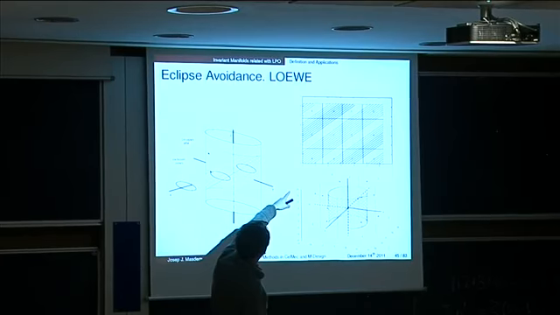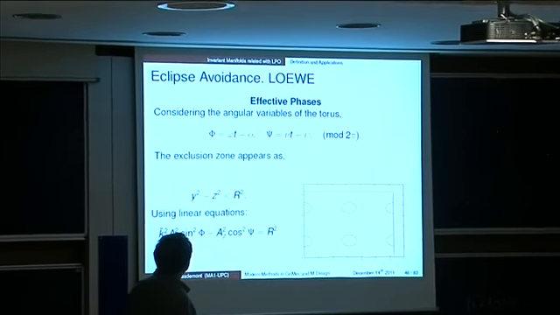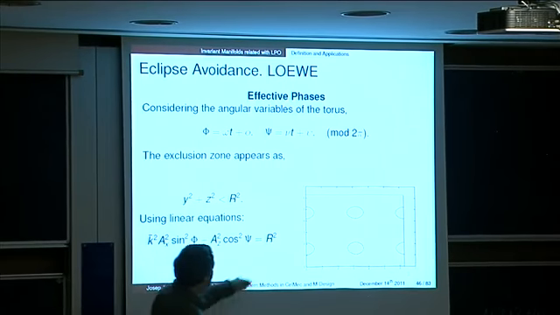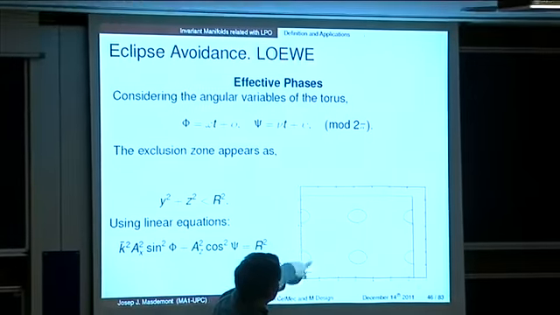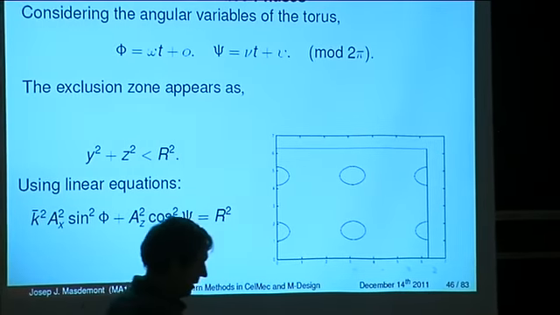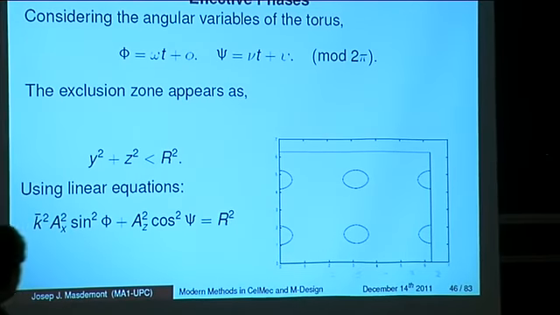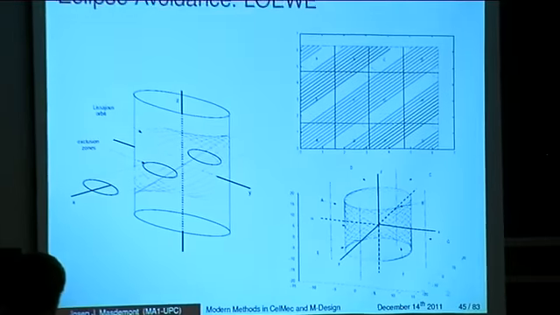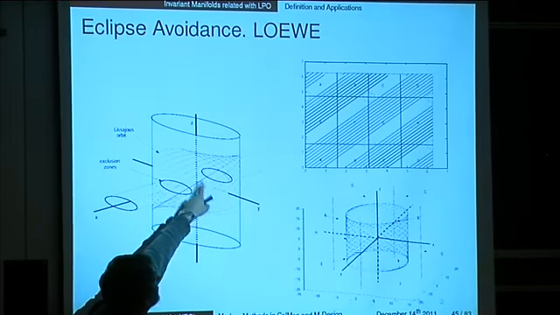But the nice thing is that in this representation, the exclusion zones are more or less like ellipses. They're not ellipses at all, but we could take here just ellipses a little bit bigger. Okay. So they are seen as holes here that correspond to these places.